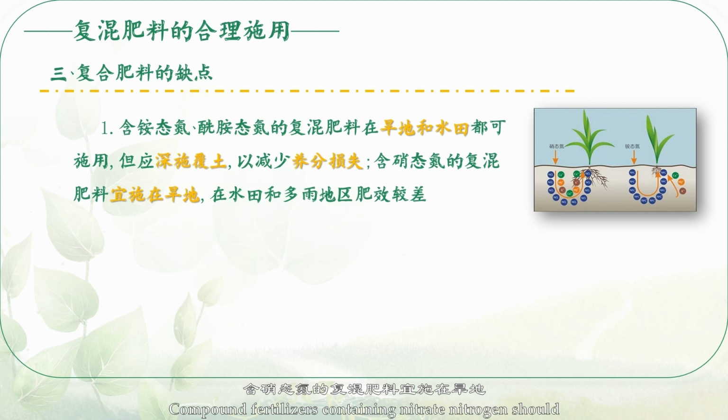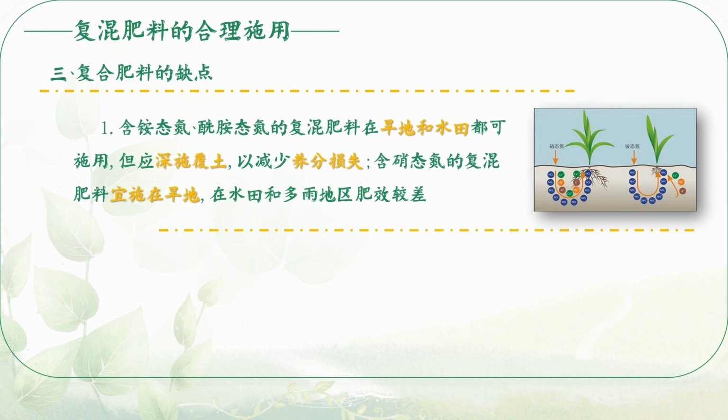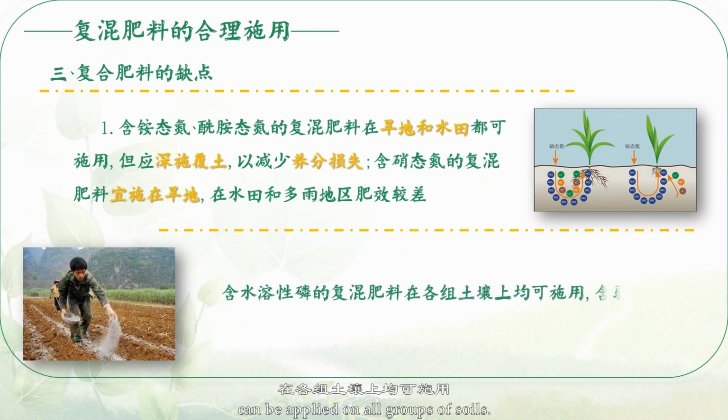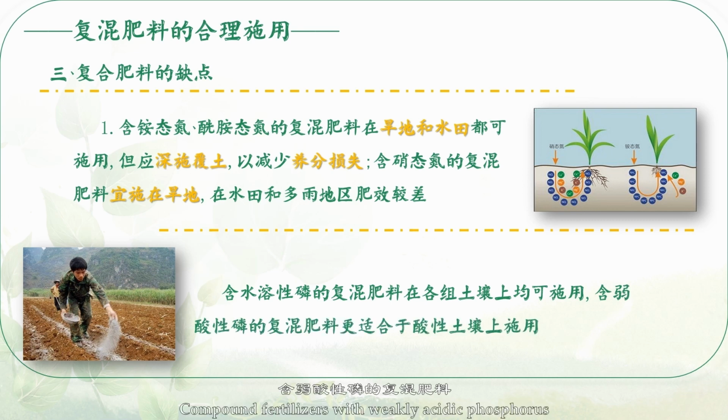Compound fertilizers containing nitrate nitrogen should be applied in dry land areas. Applied in wetland and rainy areas, it is less effective. Compound fertilizers with water-soluble phosphorus can be applied on all groups of soils. Compound fertilizers with weakly acidic phosphorus is suitable for application on acidic soils.